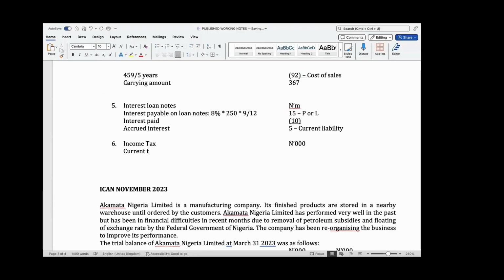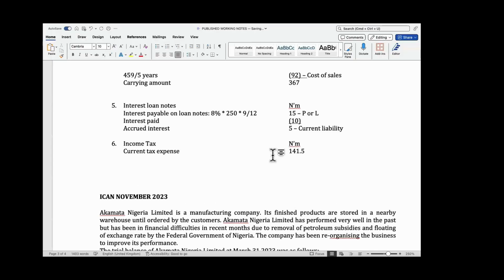There's a current tax expense of 141.5. And I need to also establish my deferred tax expense, which let me call it 6B.